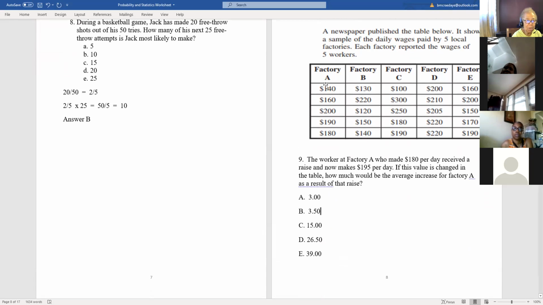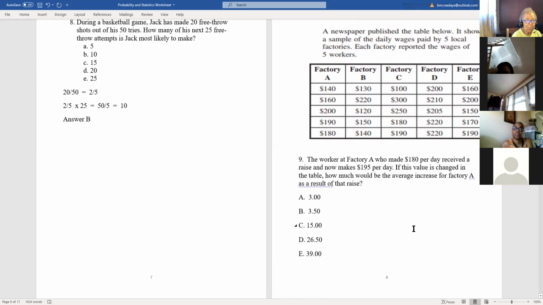These are the workers' pay right here, like 140, 160, 200, 190, 180. So we're only dealing with a worker at factory A who made $180 per day. That's right here, the 180 per day.